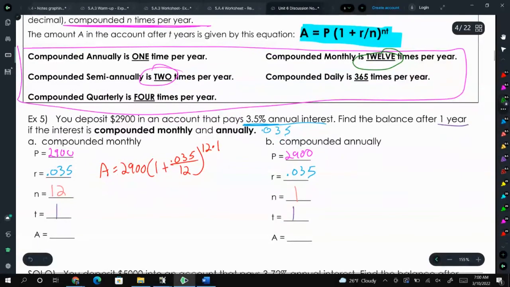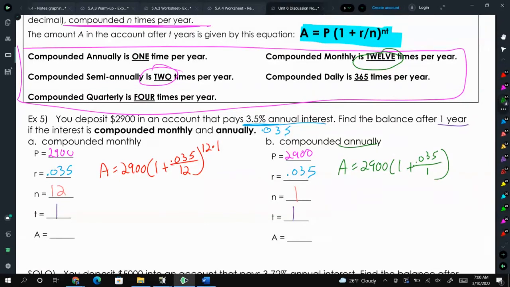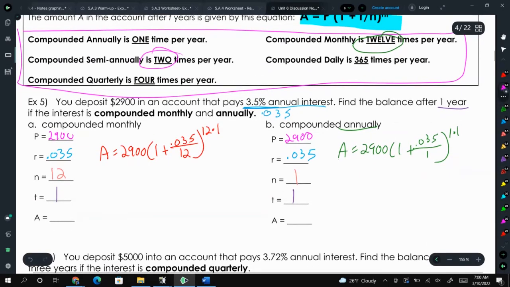Letter B, A equals 2,900 times 1 plus 0.035 over n, but in this problem n is 1 because it says annually, raised to the n times t power, so 1 times 1 power. So then we're just going to type it into our calculator.